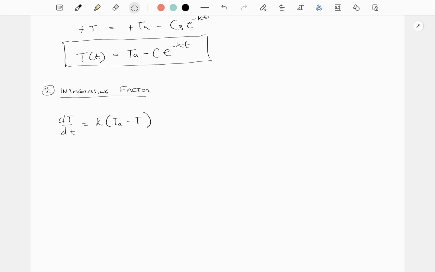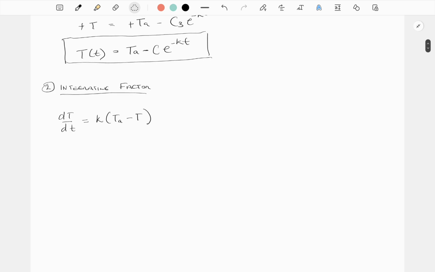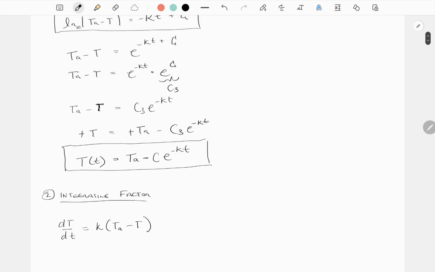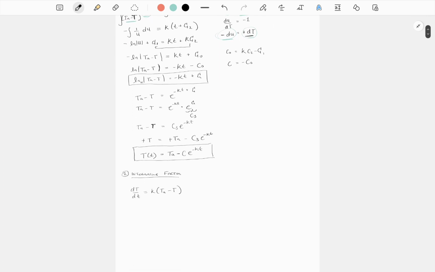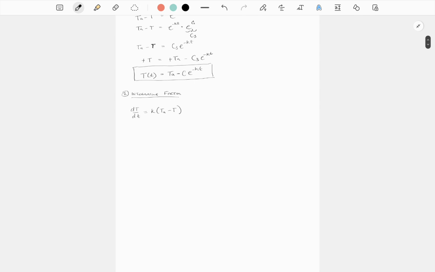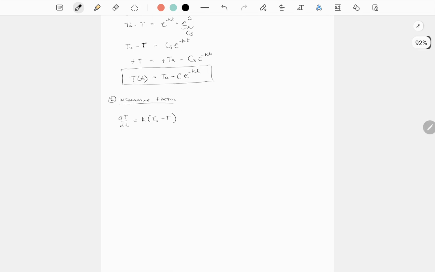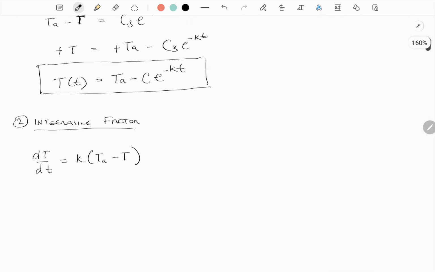Let's convert it to the form that we need for the integrating factor method. If you remember, we use y and x, but here we have T, temperature and time. So I'm going to put it in that form. Let me zoom in just to make things easy.